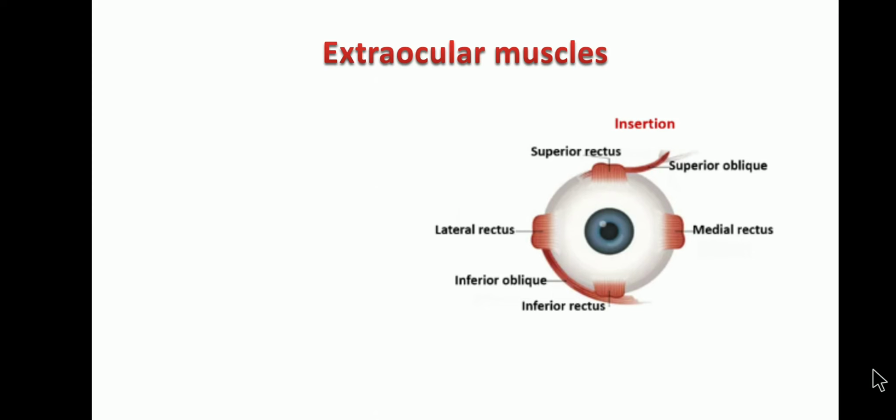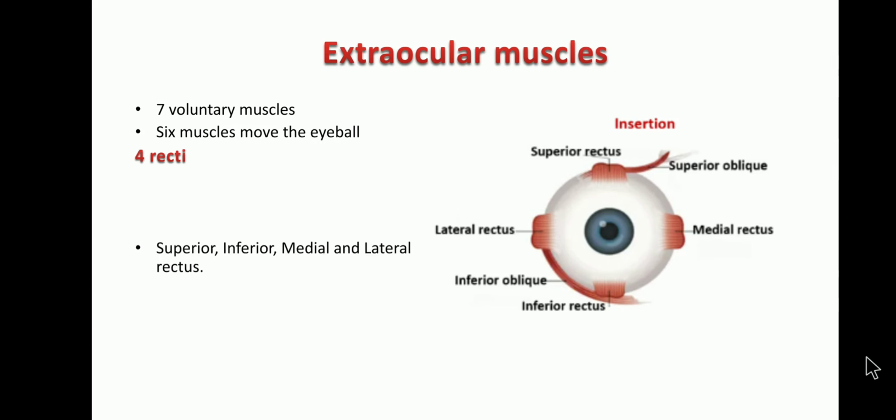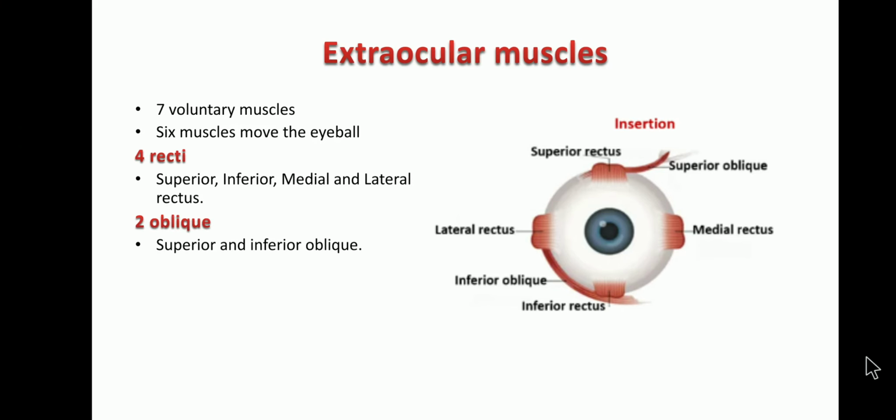Mainly there are 7 voluntary muscles: the 4 recti and 2 oblique muscles. Of the 7 voluntary muscles, 6 move the eyeball, that is 4 recti and 2 oblique, whereas the 7th muscle elevates your upper eyelid, and it is called the levator palpebrae superioris.